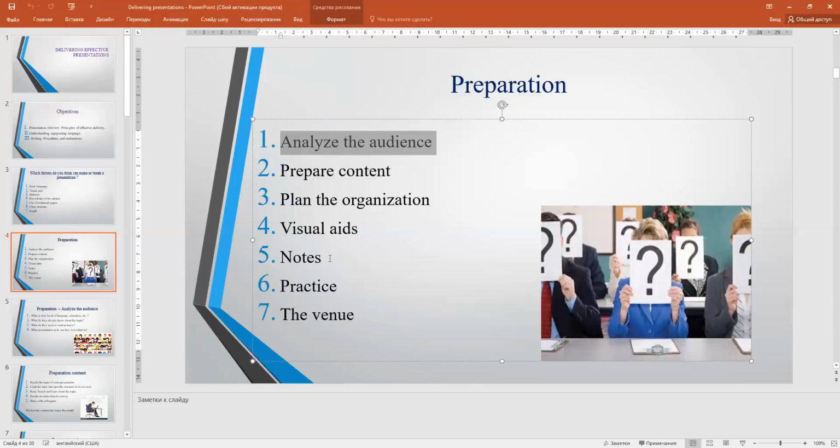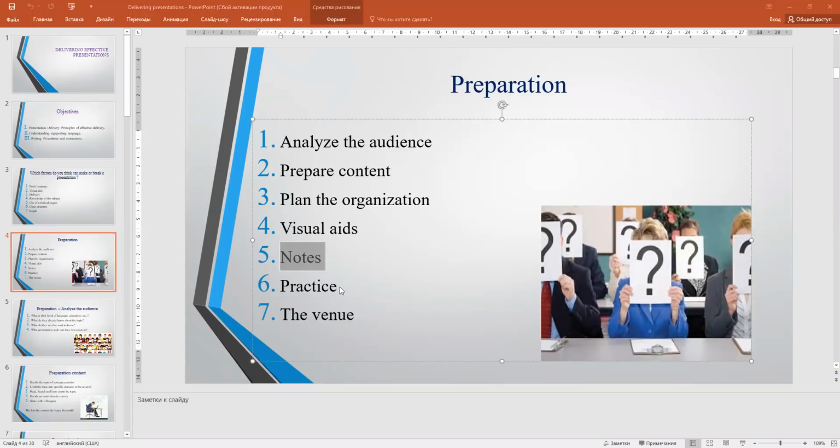Then you can see notes. Taking notes is one of the most academic habits in your study. If you know how to take notes and what part of this presentation should be noted, you can remember something by looking at your notes.